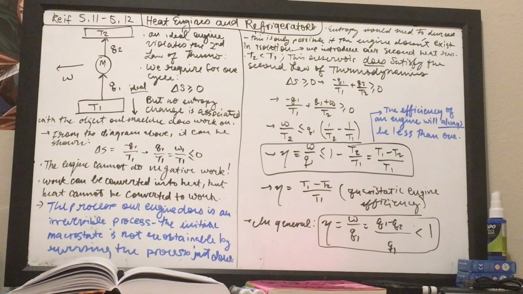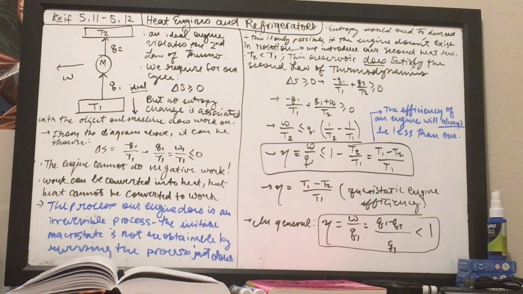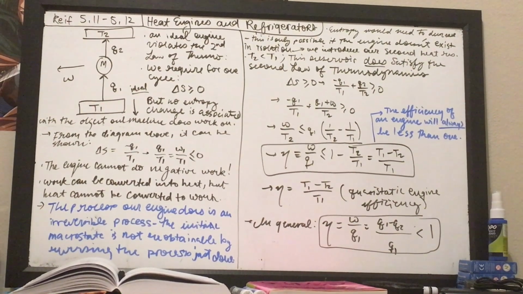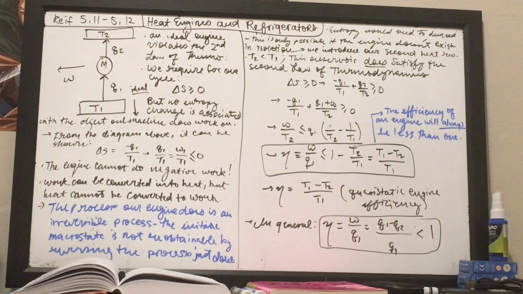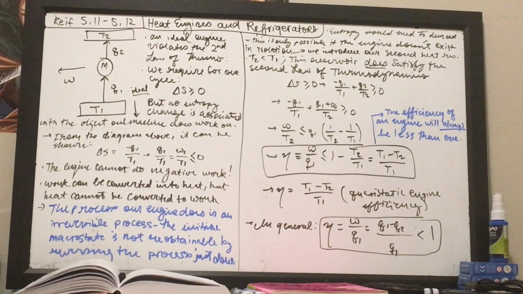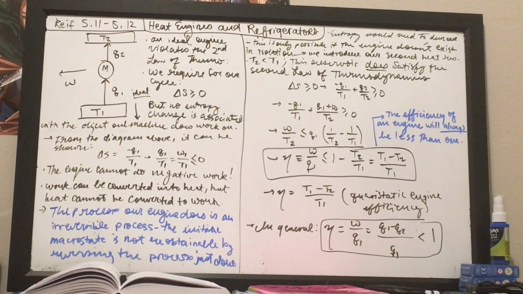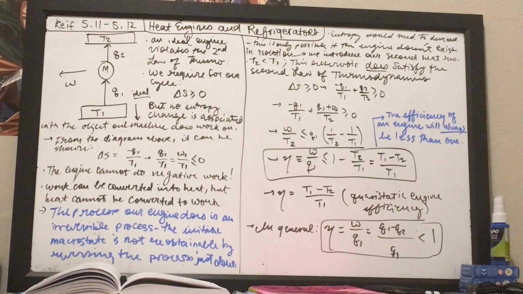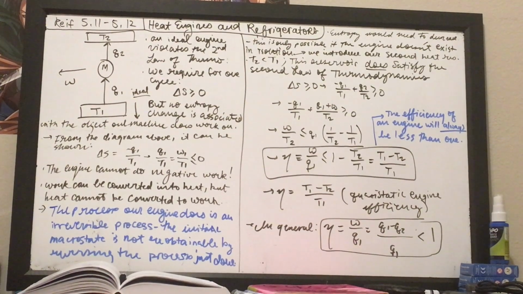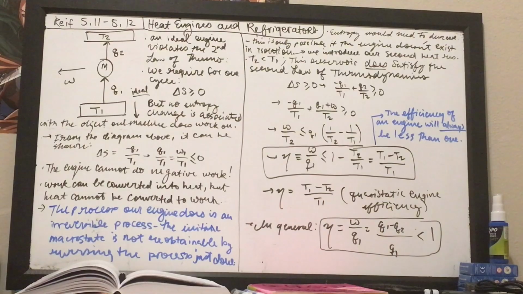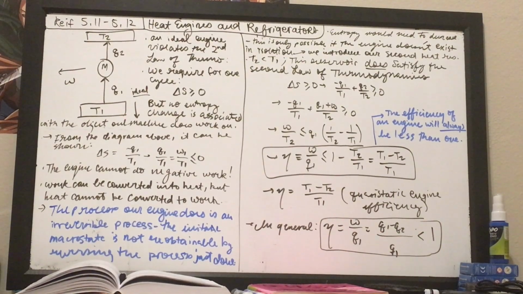He says it is fantastically improbable that such a thing would happen, to the extent that we just say that it won't. So if we have some sort of process that's irreversible, how do we account for the second law violation? Well, we'd have to account for some sort of decrease in entropy of the overall system, right?